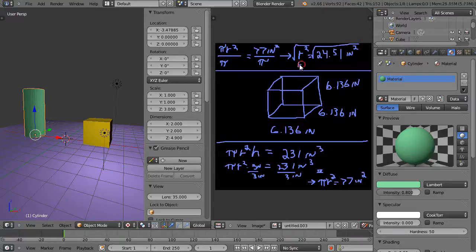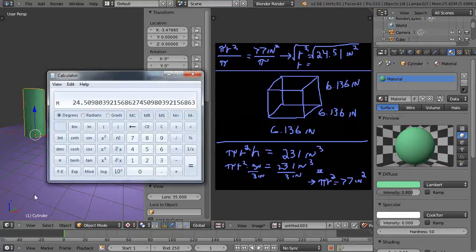When I take the square root of r squared, I get r, and then when I take the square root of 24.51 square inches, I get 4.95. And when you take the square root of a square inch, it becomes an inch.